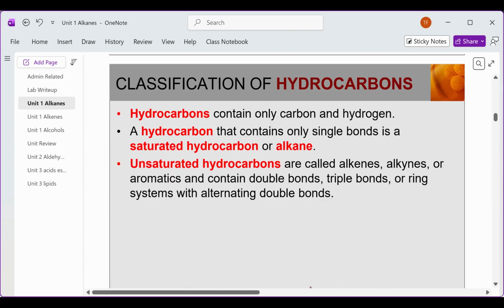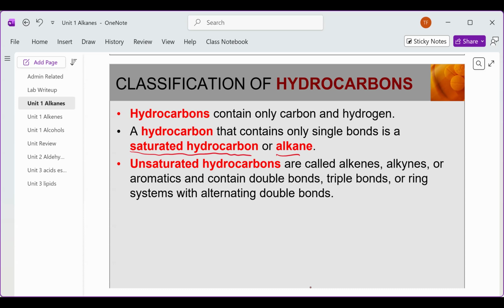Okay, you've probably heard of the term hydrocarbon. A hydrocarbon only contains carbon and hydrogen, no oxygens, and they're all single bonds if it's an alkane, and those are also called saturated. Now, you've heard of saturation as it refers to fats. You can have a saturated fat or an unsaturated fat.